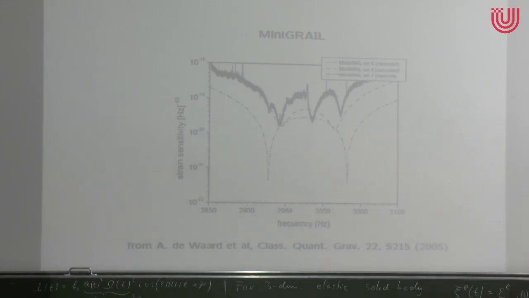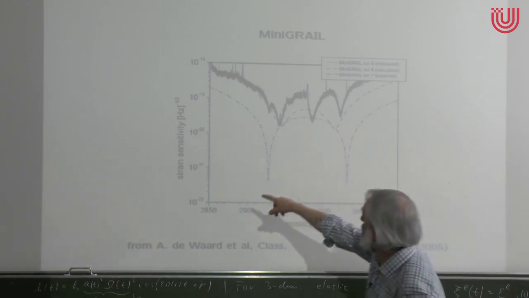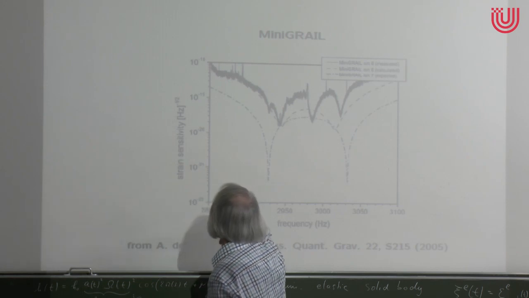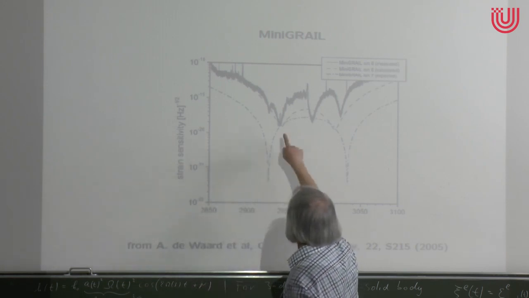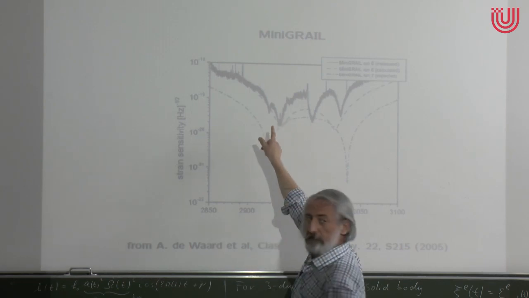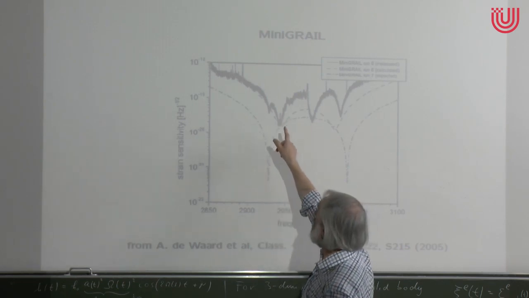So if a signal comes, see the units: this is 10 to the minus 22, 10 to the minus 21, 10 to the minus 20. In order to see something, you have to be above this noise curve.